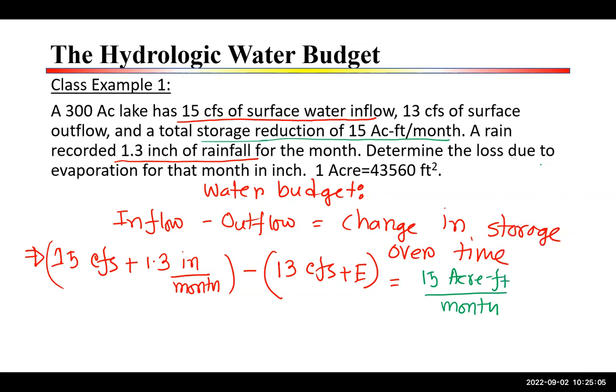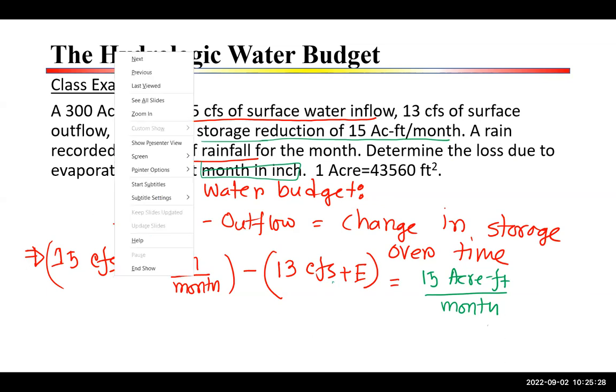Loss due to evaporation for that month in inch. That means it should be inch per month, right? So as a first step, we can change all the time units into month. We already have 1 month, but this one is CFS, this one is CFS. So let's change the second into month. Okay, let's do that first. Are you good with that step?